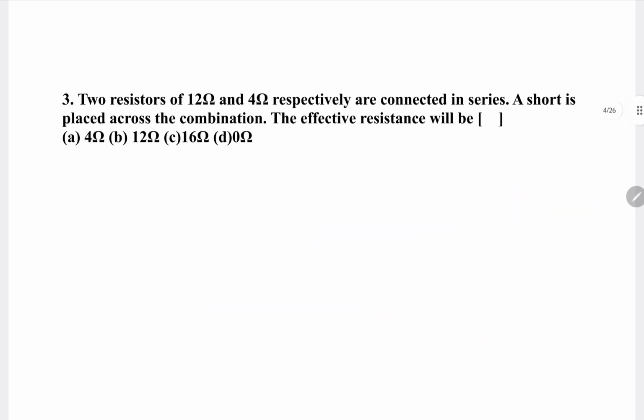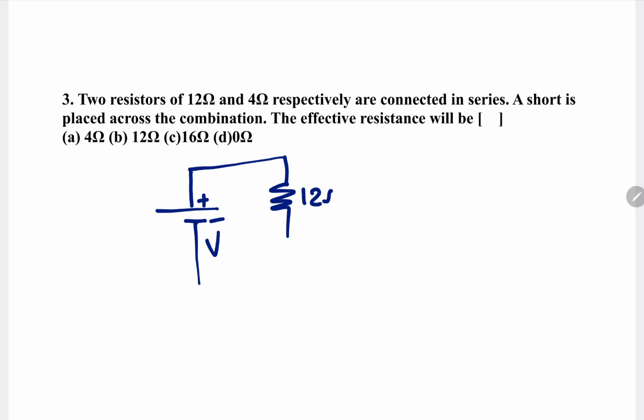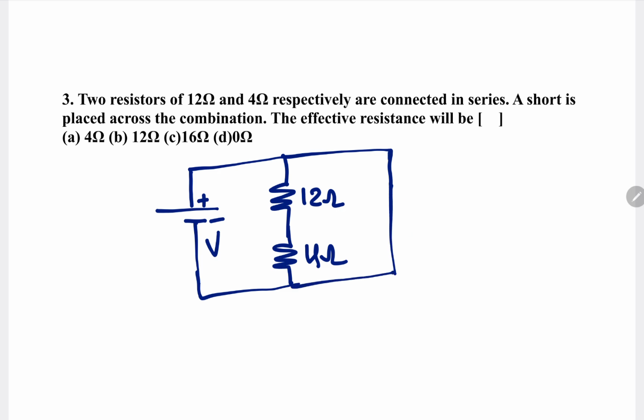Let us say this is a DC power supply, and here 12 ohm and here 4 ohm are connected in series. Across this combination, across meaning parallel, what is connected? This is a short circuit.